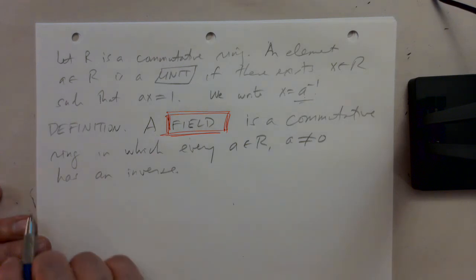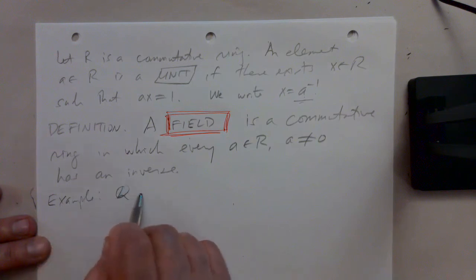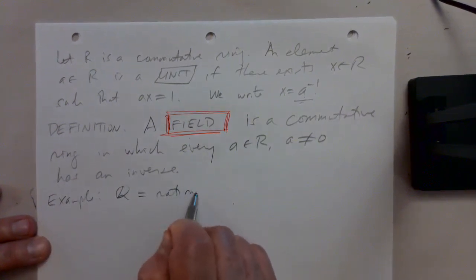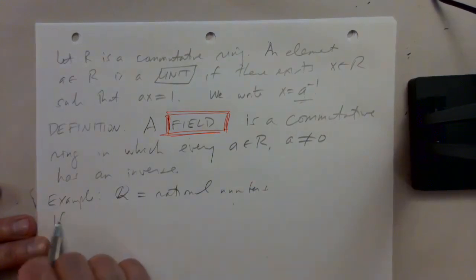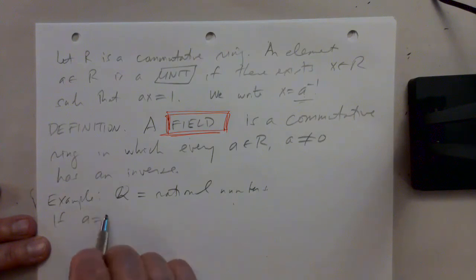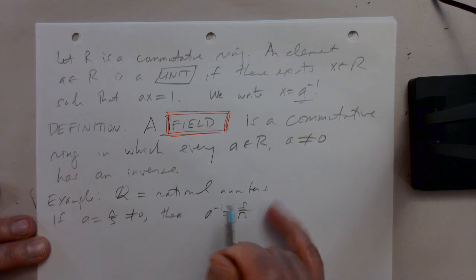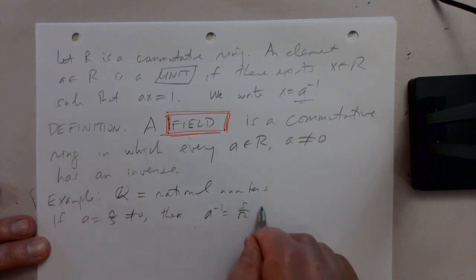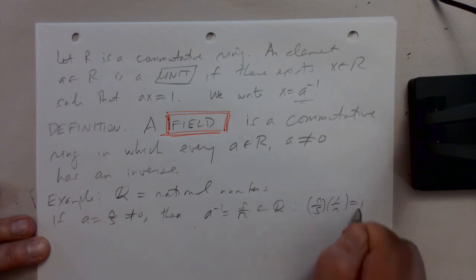Now, you know lots of examples of fields. For example, if we take Q to be the rational numbers, if A is some number R over S not equal to 0, then it has an inverse. A inverse is S over R, because R over S times S over R is 1.